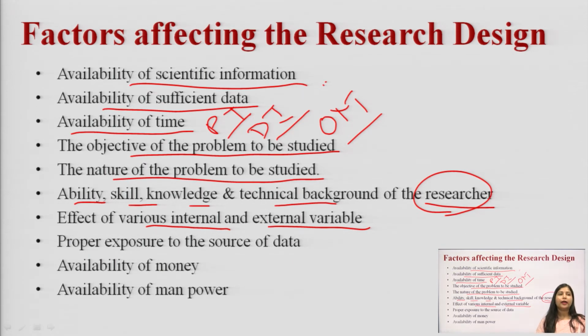Your internal variables are those which you can control, because you are manufacturing the product: how you are going to market your product, what will be your supply chain management for the product, what is the quality of your product, and what is the packaging of your product.